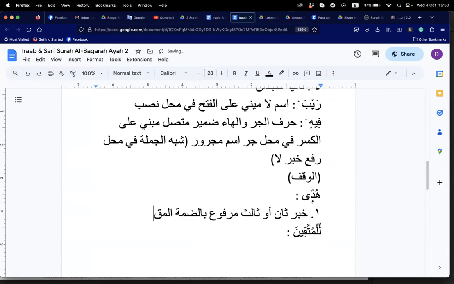Dhamma muqaddara on what letter? Where are you implying the dhamma? What letter is this? Alif or ya? Alif. Yes, alif. So if it's alif, then is it ta'adhur or thiqal?